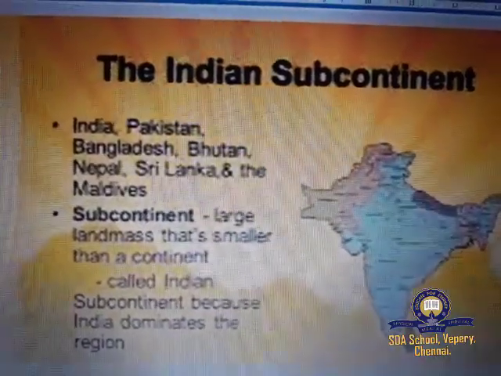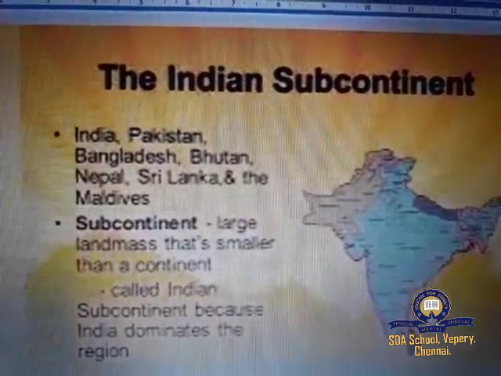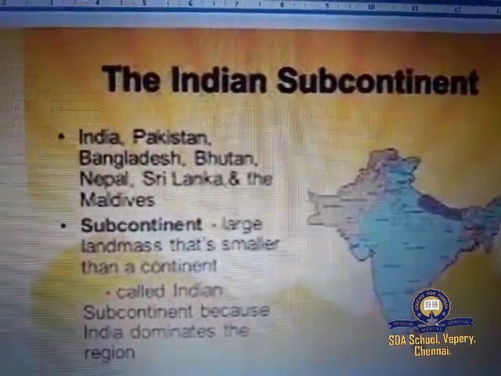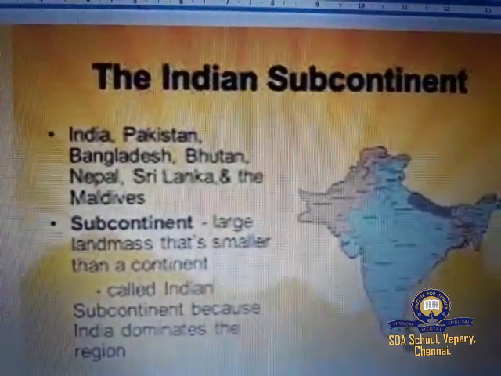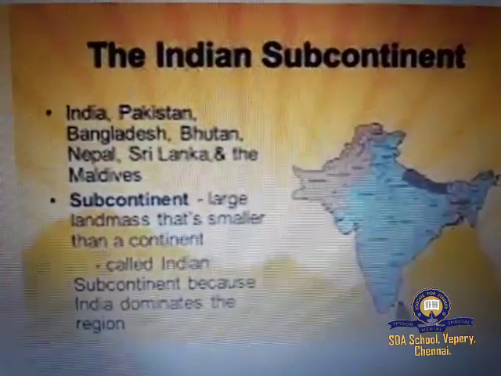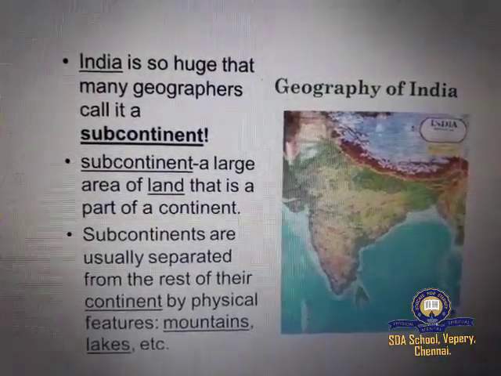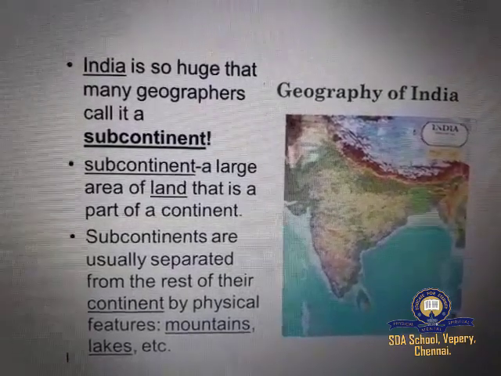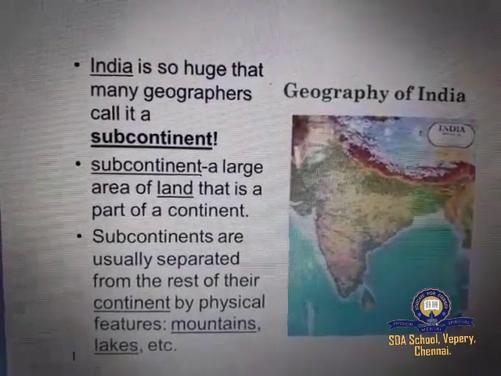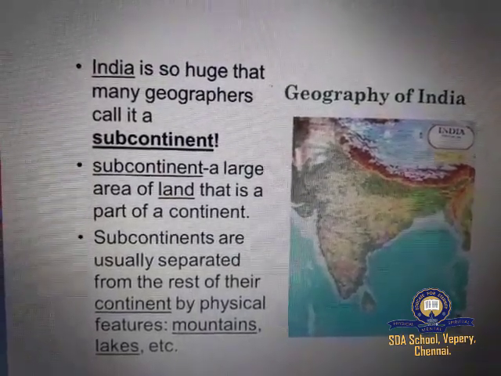India, a subcontinent. India, along with the countries of Myanmar, Bangladesh, Pakistan, Nepal, Bhutan and Sri Lanka, is called a subcontinent. It is separated from the rest of Asia by a chain of mountains in the northwest, north and northeast and by seas in the south.